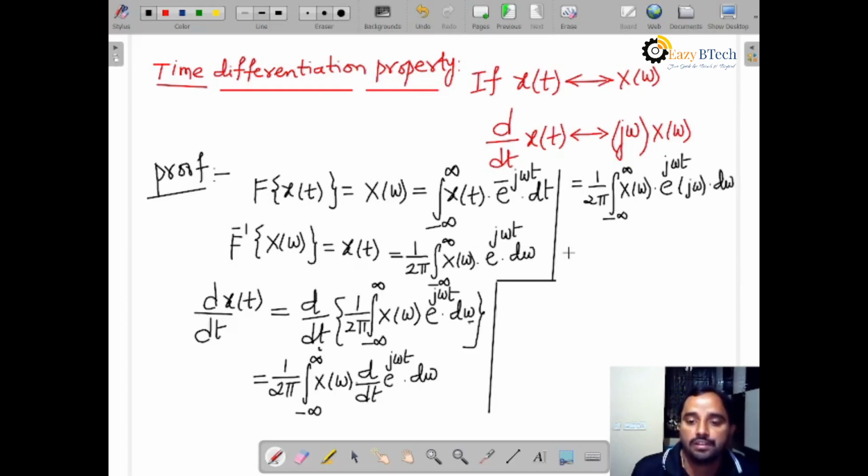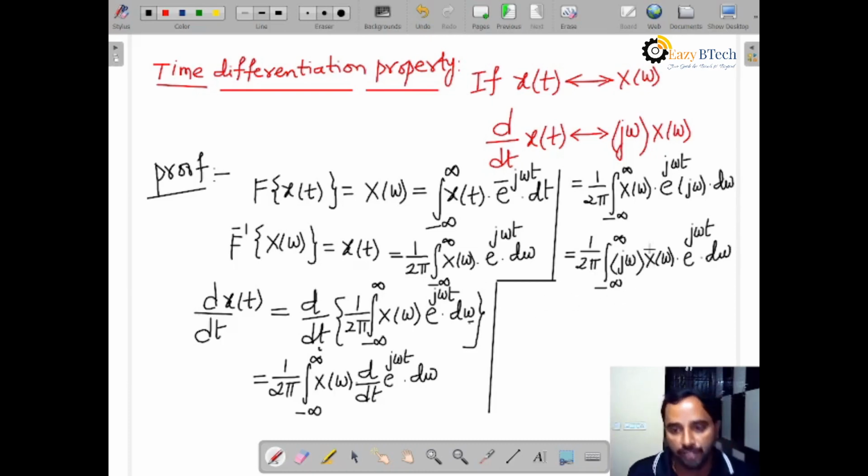Okay, so now we can write this, just rearranging, as 1 by 2 pi integral from minus infinity to plus infinity of j omega into X of omega into e to the power j omega t d omega. Now you observe this integral carefully.